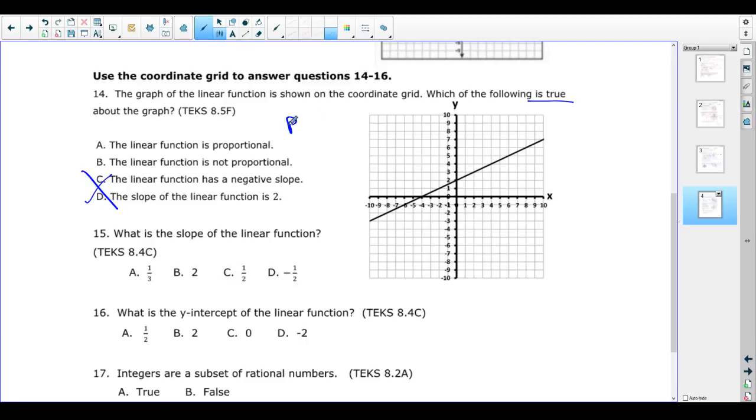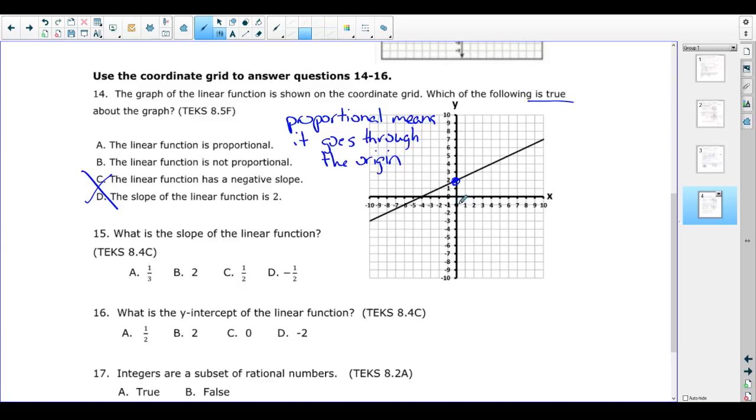Okay? And we said proportional means it goes through the origin. And we're going to keep writing that down every time so we never forget. Proportional means it goes through the origin, and this one does not go through the origin.